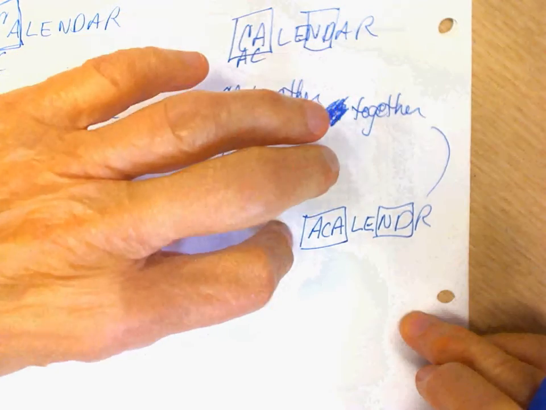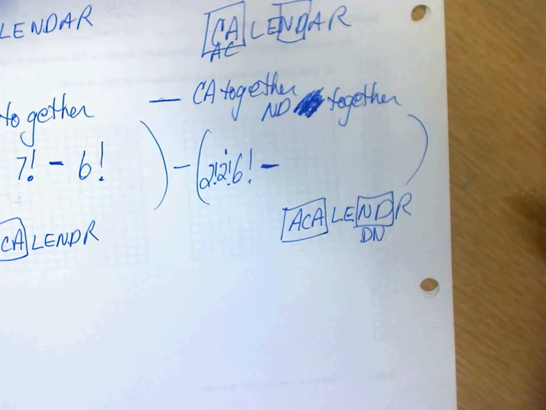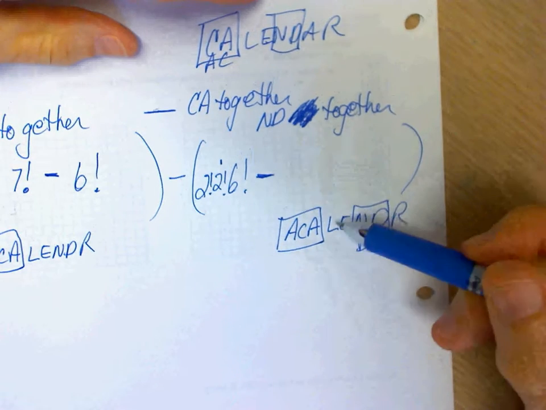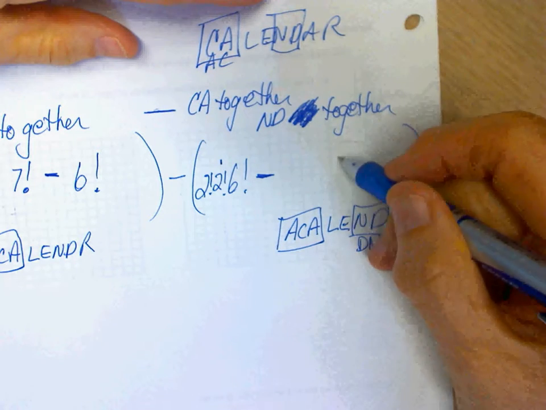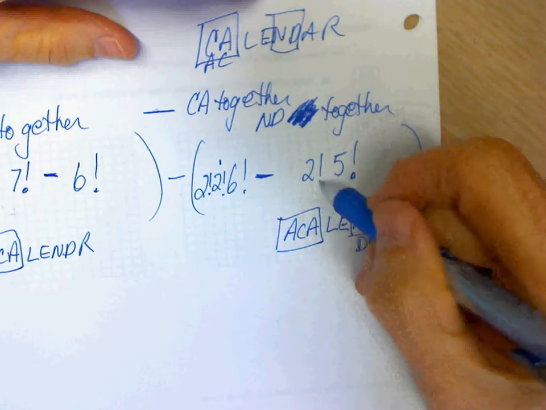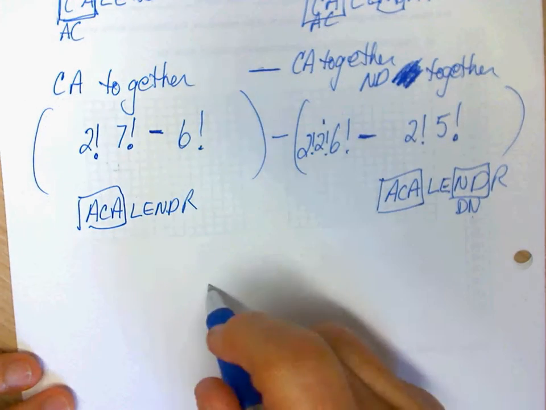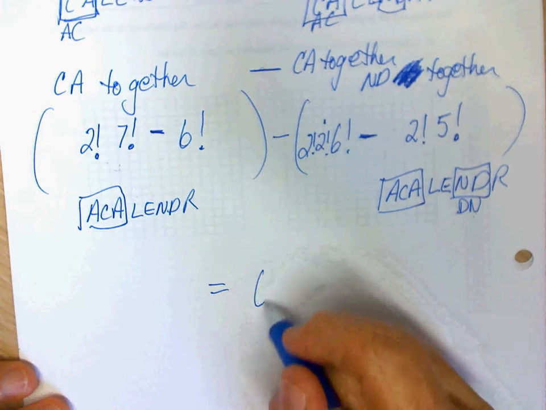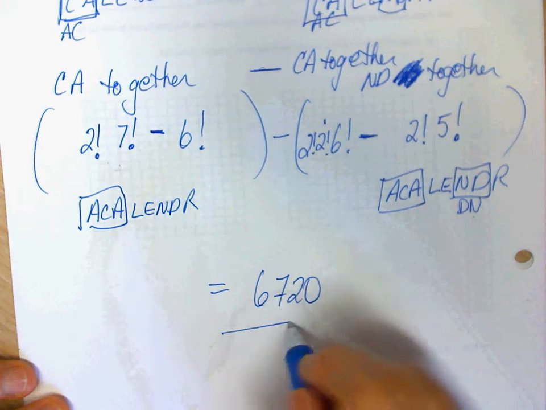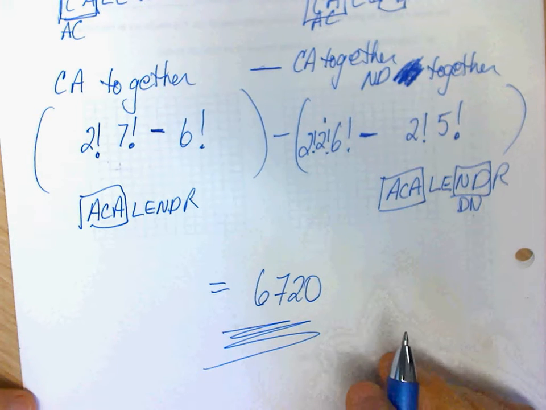So this is DN. There's 2 possibilities here. So you subtract 1, 2, 3, 4, 5 factorial, 2 factorial for the ND, and when you do that you should get your answer, which is 6720. So that was page 20, number 15.